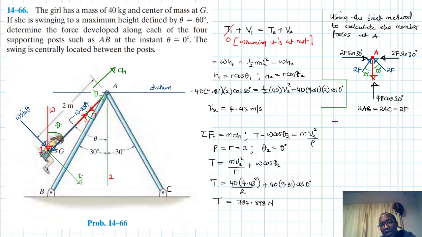Alright, so let's sum up the equations here. So we'll say summation of forces in the y is equal to 0, going up being our reference. We distribute these forces along those directions. We said this one here is T, this one here is T, right?